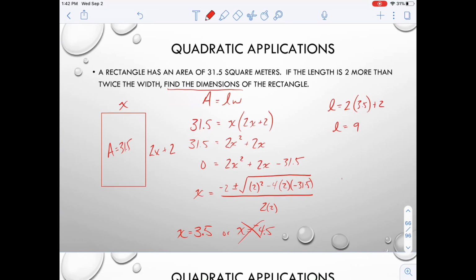So here I'm going to have dimensions of 3.5 meters by 9 meters. Okay, so again, always make sure that you're going back and answering the question that you actually were asked to find.